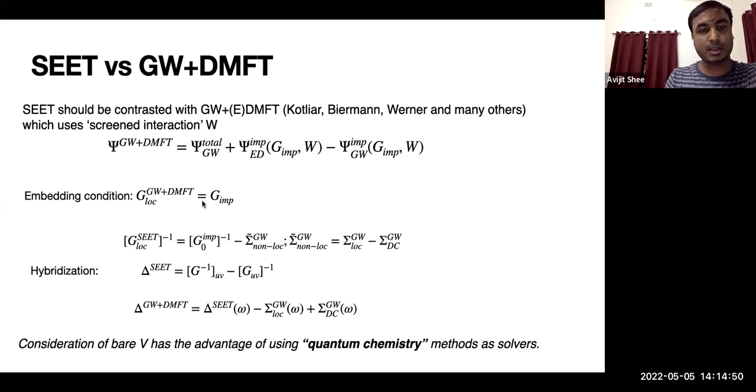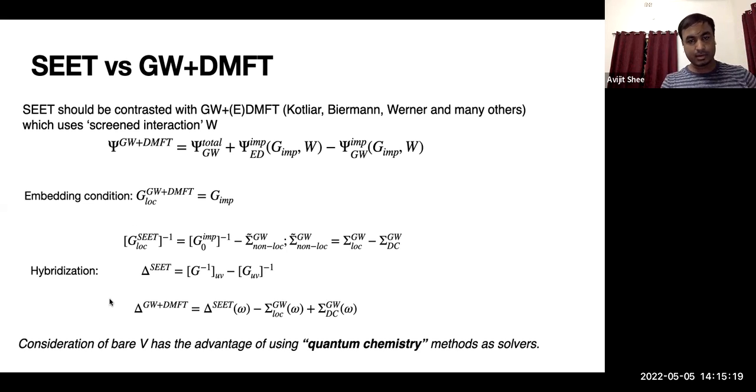I showed in the previous slide that self-energy embedding theory is based on a functional called the phi functional, and GW plus DMFT or eDMFT is based on the so-called psi functional, where one major difference is that one uses a screened interaction W as opposed to the bare interaction V.